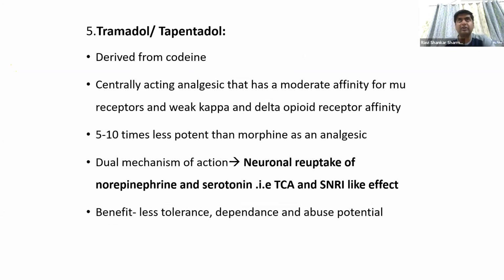Tramadol, yes, tramadol or tapentadol, I think most of us are using it. So you can use it BD, TDS, or sometimes 4 times a day. Start with a lower dose. You can combine it with paracetamol, like the Ultracet paracetamol-tramadol combination.